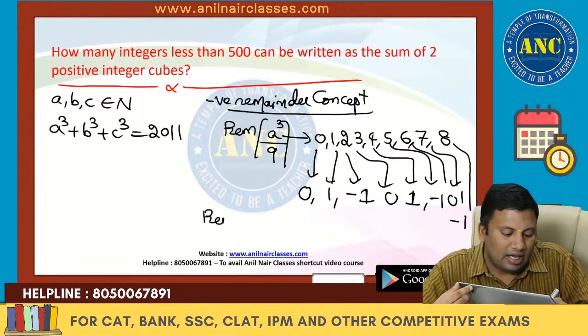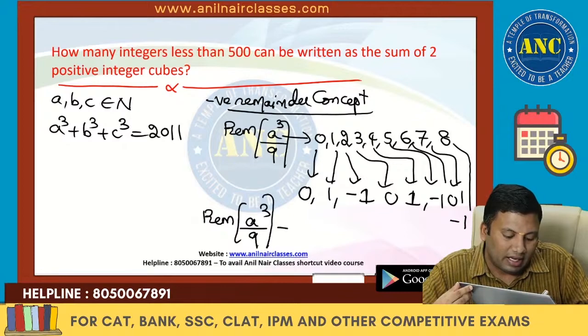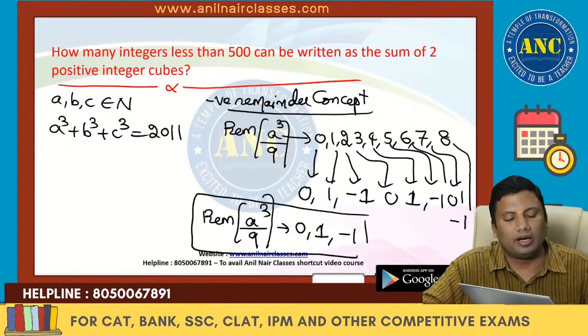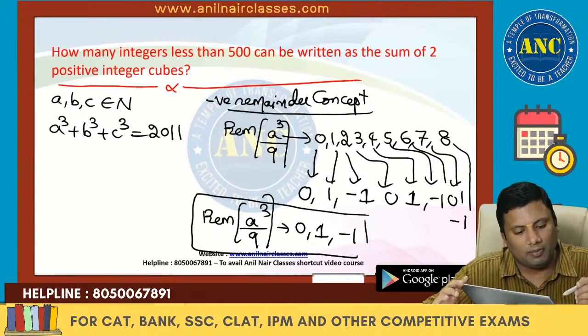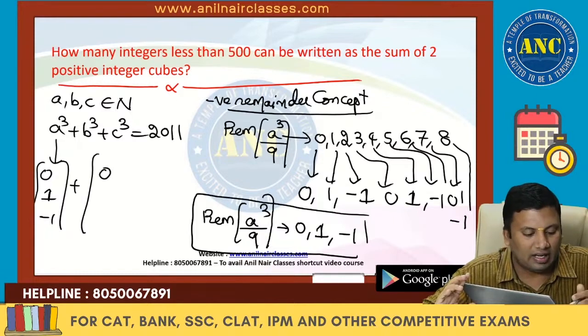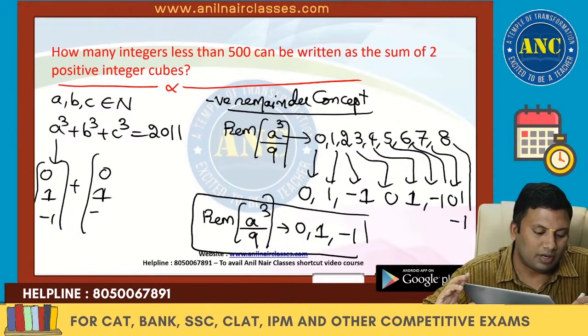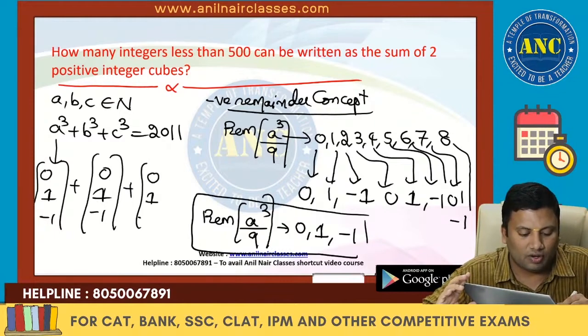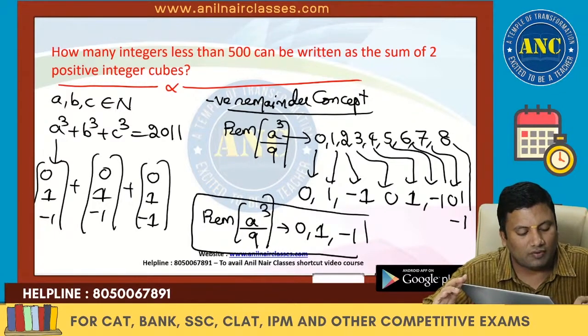That means any number on cube when divided by 9, the possible remainders are 0, 1 and minus 1. Similarly for B also, all the possible remainders are 0, 1 and minus 1.